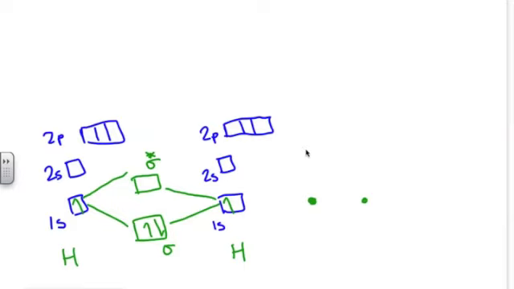So we see that the greater electron density is concentrated between the two nuclei in this sigma bonding orbital. We also give this a designation, sigma 1s, to show that it is formed by the 1s orbitals of hydrogen.